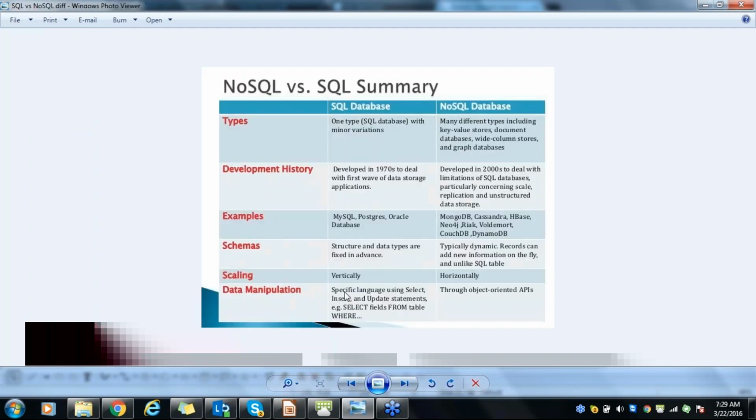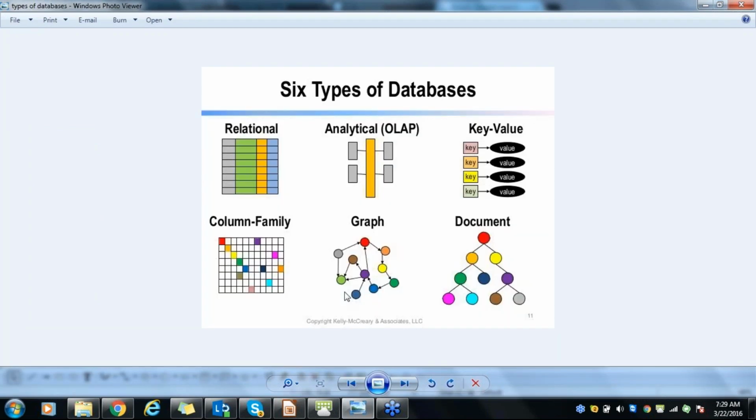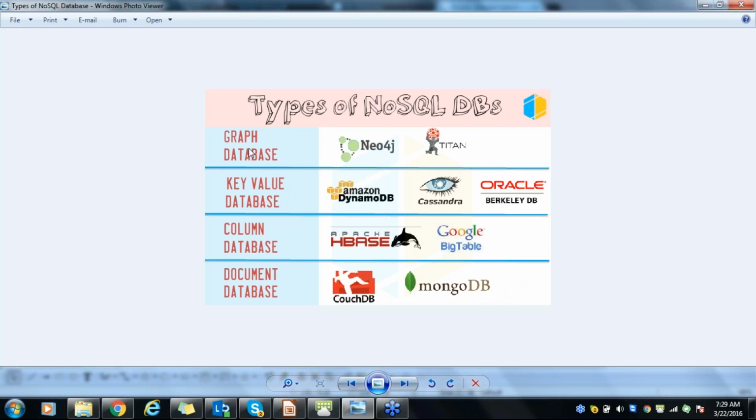A few examples of NoSQL databases: from the graph-based databases, Neo4j and Titan are examples. For key value, there is Cassandra, which is used by Facebook, Oracle has Berkeley DB, and Amazon's DynamoDB is there. Column-based is Google's BigTable.